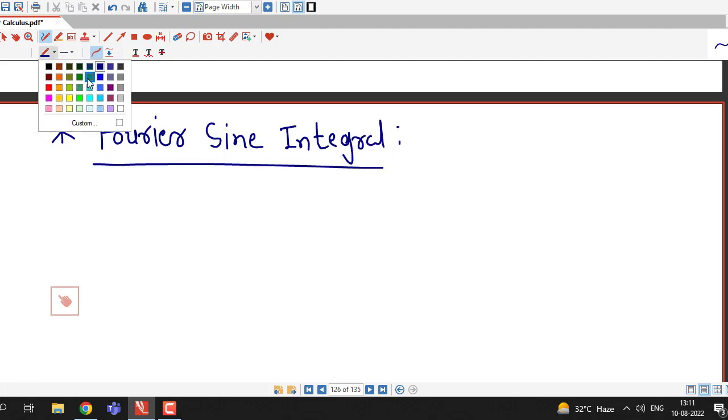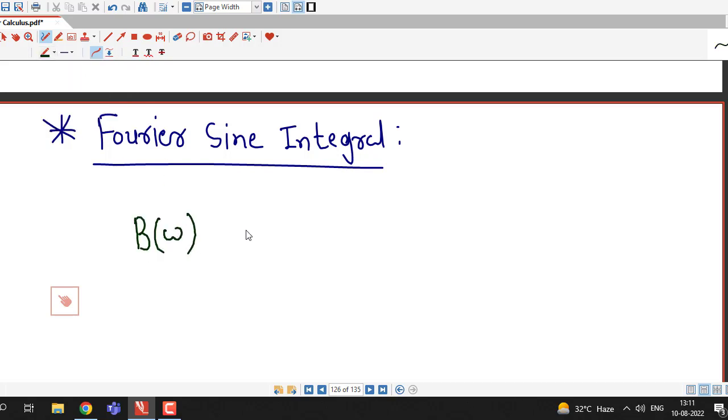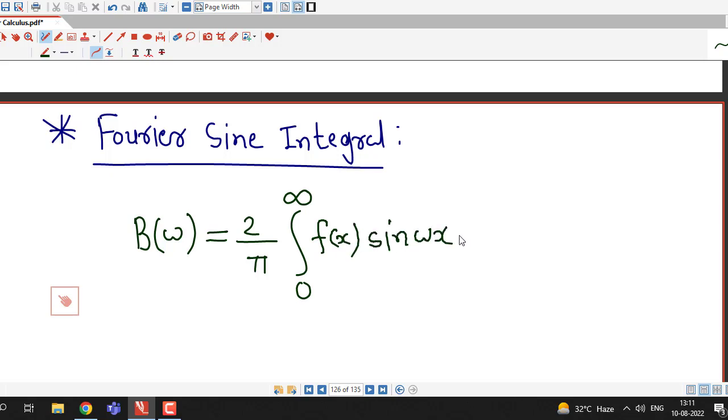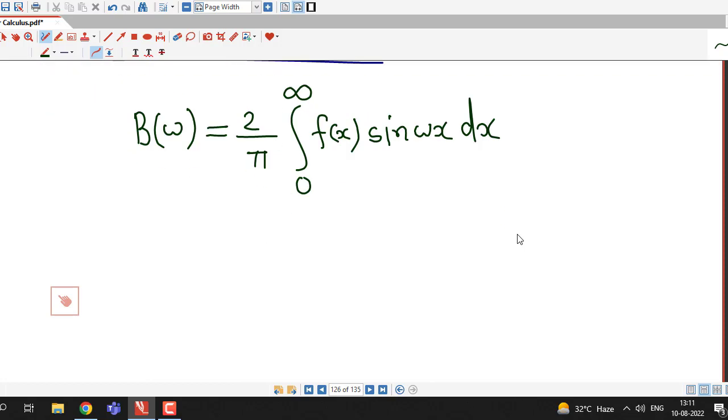So now we find the value of B(omega) using the formula B(omega) equal to 2 over pi integral from 0 to infinity f(x) multiplied with sine(omega x), integral with respect to x, and we substitute the value of f(x) in the next step.